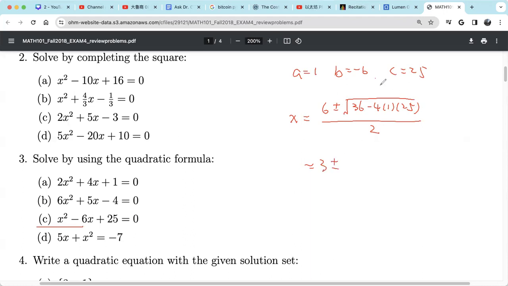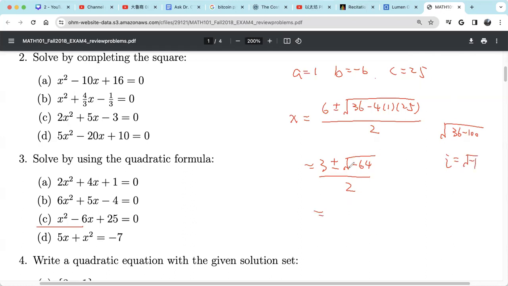Plus or minus, let's look at the discriminant. So 4 times 1 is 4, 4 times 25 is 100. So we get the square root of 36 minus 100, which is -64. Square root of -64. So we get a complex solution. Remember, i equals the square root of -1.